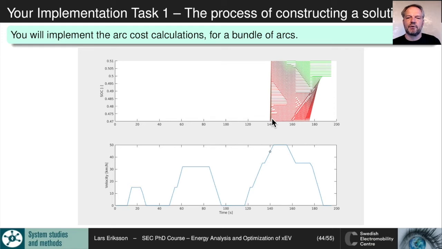So at 141 we know exactly the best path to get out to the end, and the end here is 50% that we want to get to. So we want to have the state of charge 50% initially, and we want to have 50% at the end. So we see here, these are viable, while these here are not viable, because we cannot jump from here to here. That would require too much current of the battery.